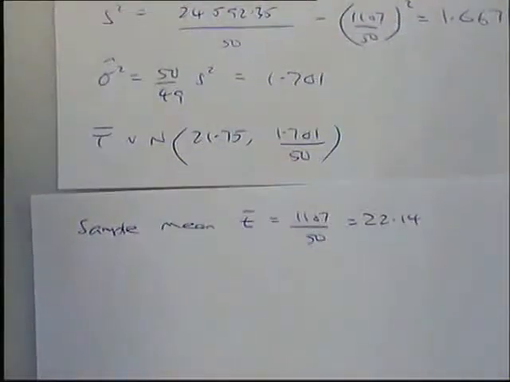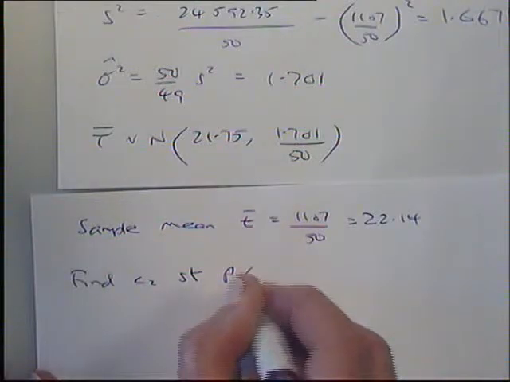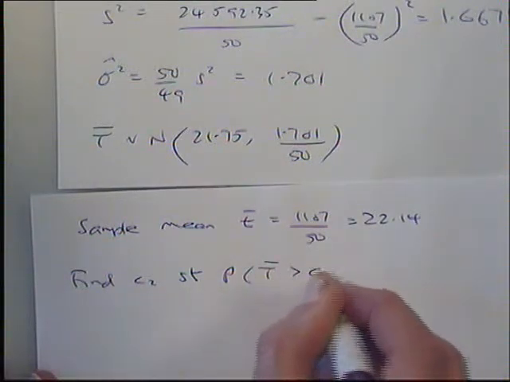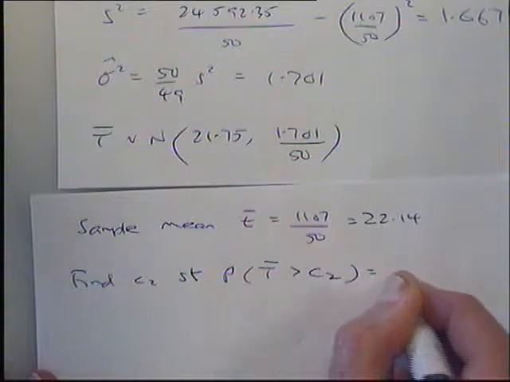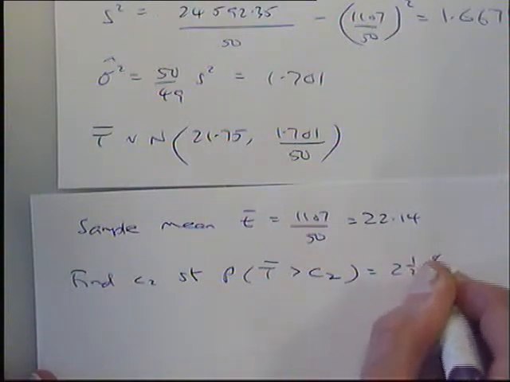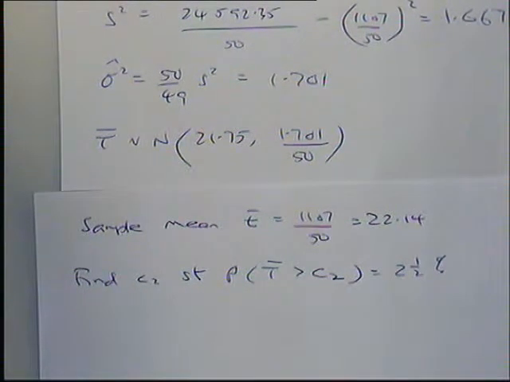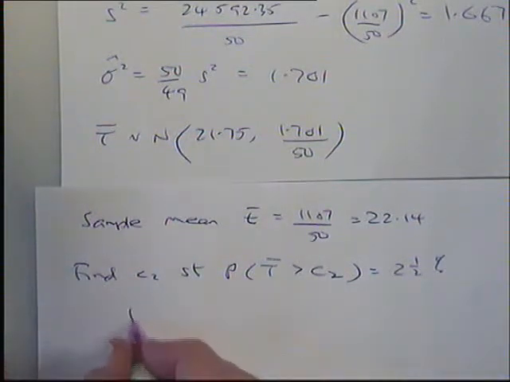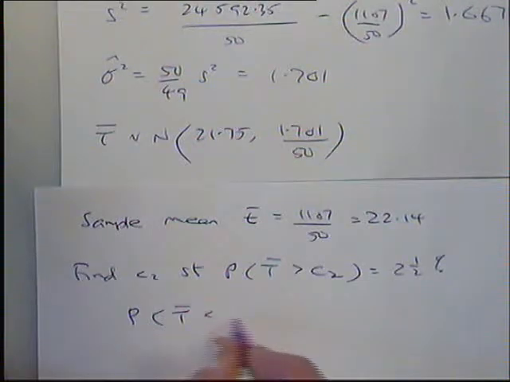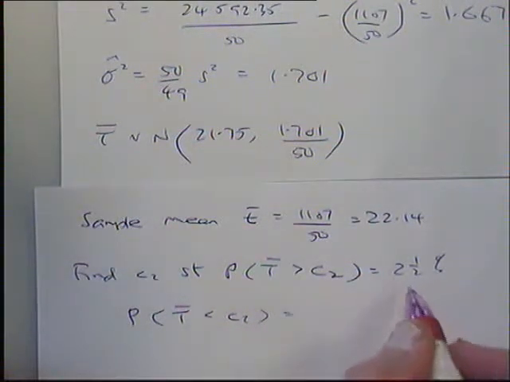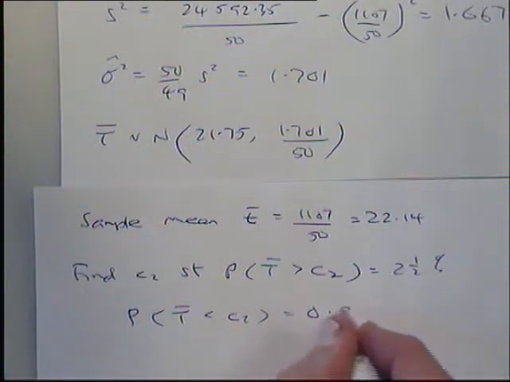So what we are interested in is finding C2 such that the probability that T bar is greater than C2 is 2.5%. So we'll turn that round into a less than, and 1 minus 2.5% is 0.975.